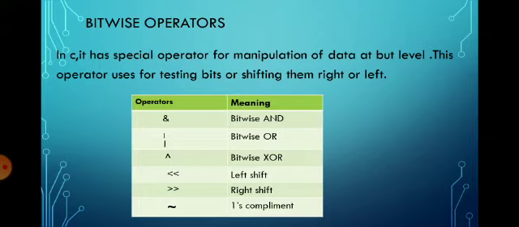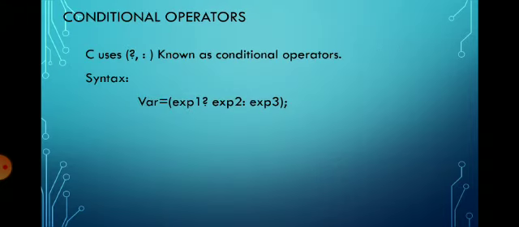This operator is used for testing bits or shifting them right or left. These are the operators and the meaning of these operators: bitwise and, bitwise or, bitwise XOR, left shift, right shift and the ones complement.